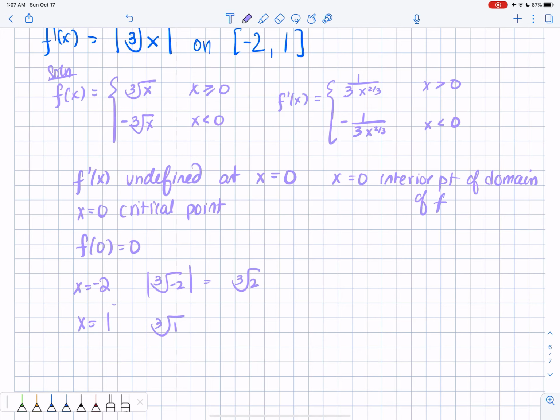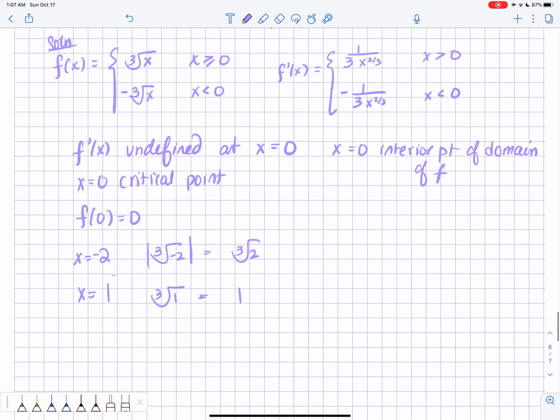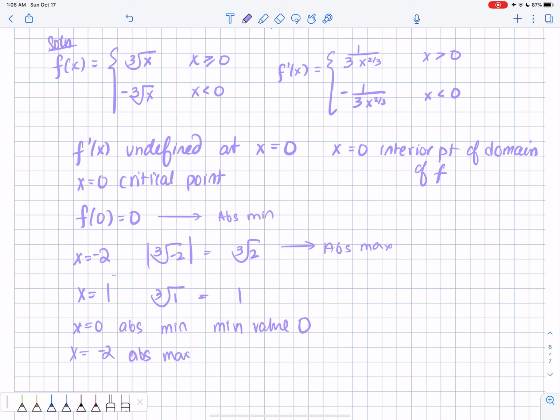You take the cube root of 1 and you just get 1. Okay, so looking at this, you know this will be the absolute min and this will be the absolute max. So x equals 0 gives you the absolute min with min value 0, and x equals negative 2 gives you the absolute max with max value cube root of 2.